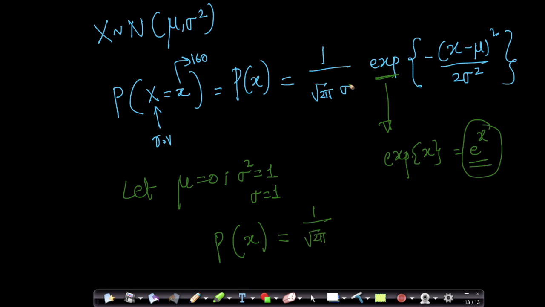My sigma is 1 here. Exp of minus, it's basically half of x square, because sigma square is 1 and mu is 0. This is much easier to digest, okay? So let me break this up again. We assume that mu equals 0 and sigma square equals 1, and I'll explain the details of what this shape looks like, okay?